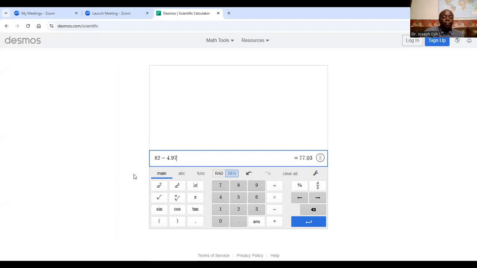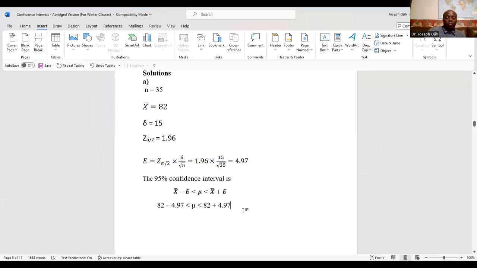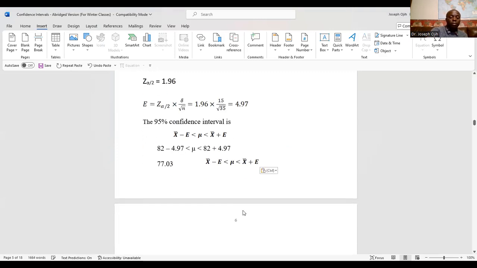Let's write it down on that side: 77.03, less than the mean, less than.